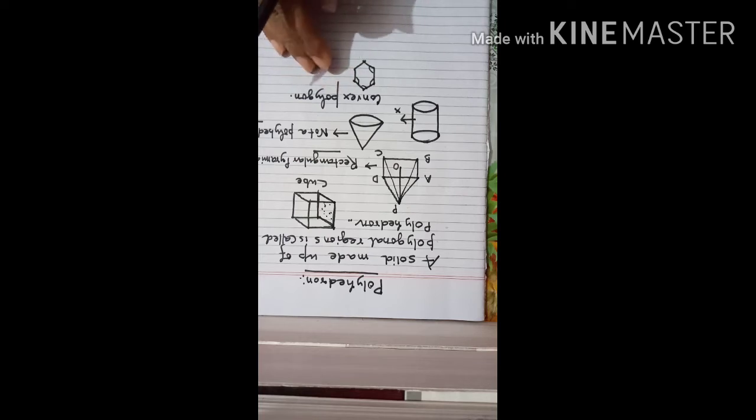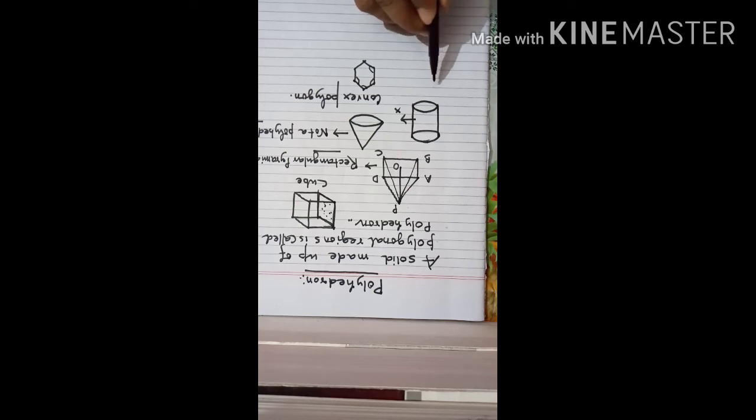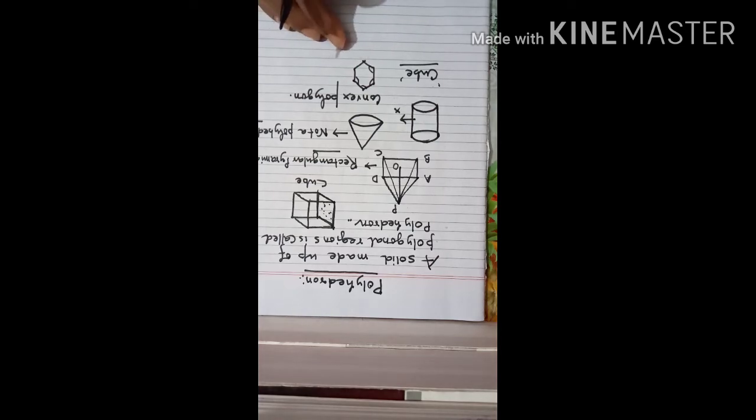This figure, all of you know, is also a convex polyhedron. So what is a convex polyhedron? The polyhedrons that are made up of convex polygons are called convex polyhedrons.